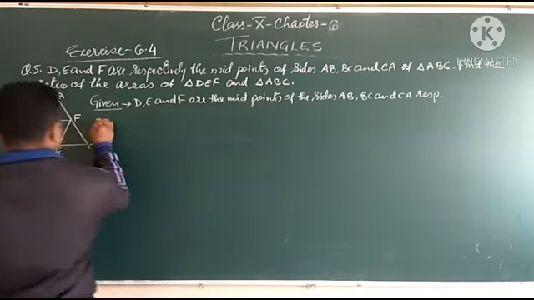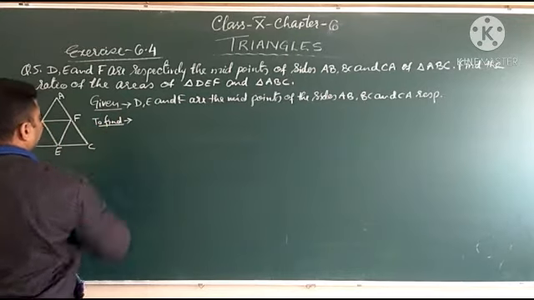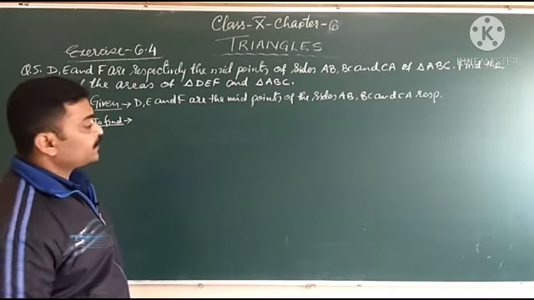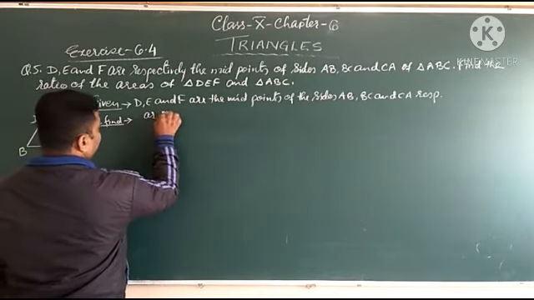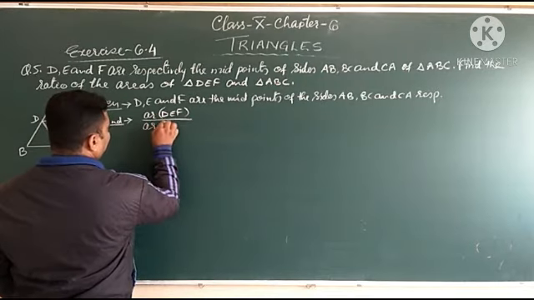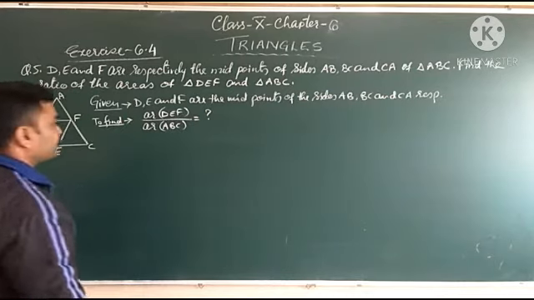Now the second line is to find. What we have to find? The ratio of the areas of triangle DEF and triangle ABC. So area of DEF upon area of ABC is equal to question mark.